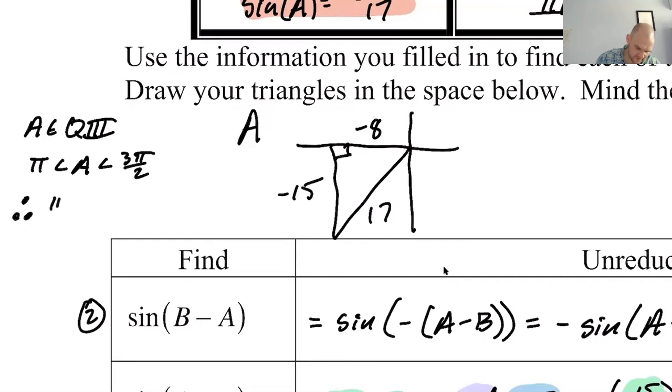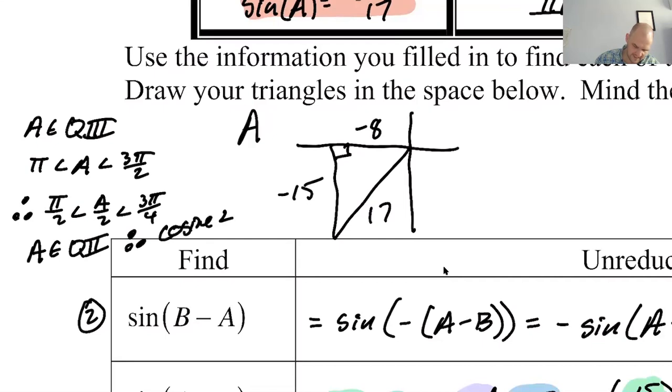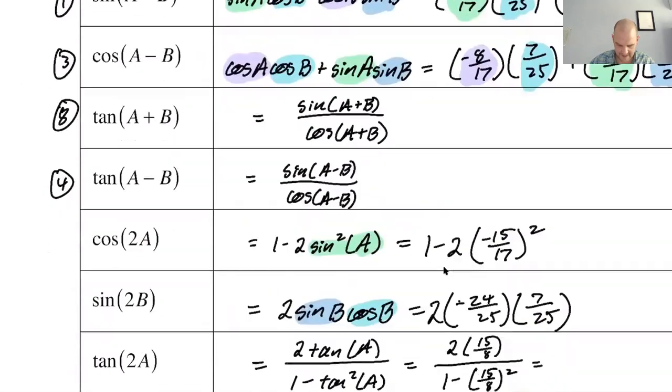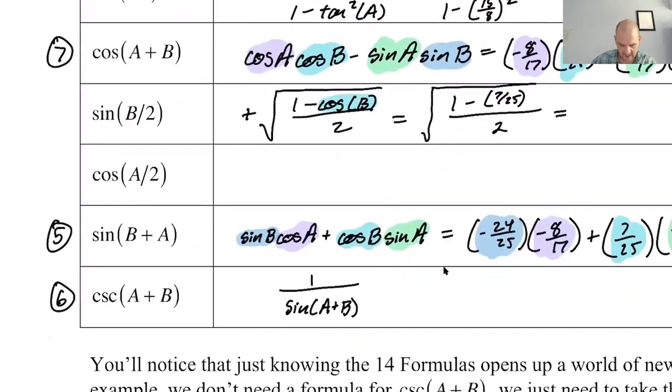So divide by 2: a over 2 is between pi over 2 and 3 pi over 4. So definitely a over 2 is an element of quadrant 2. So cosine is negative, and we take the negative of the square root. That's why we did that analysis, to work out whether it should be positive or negative.